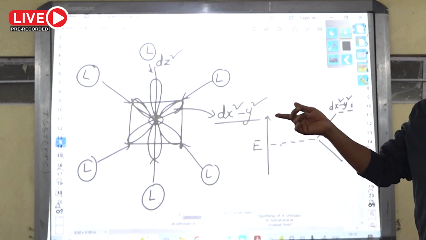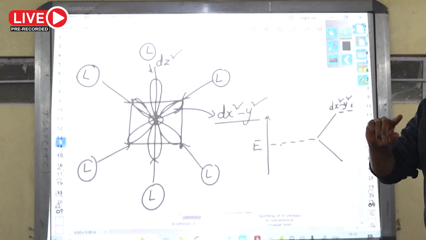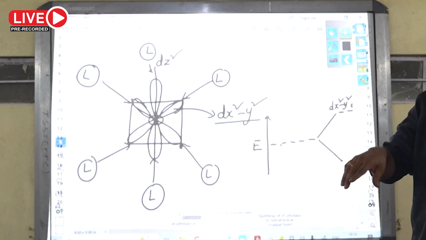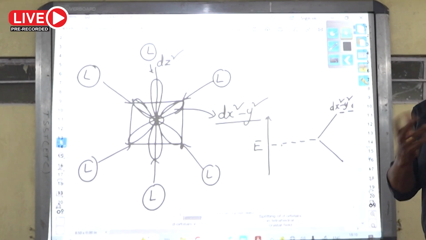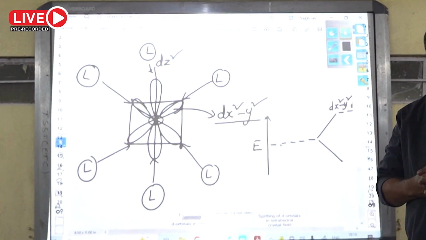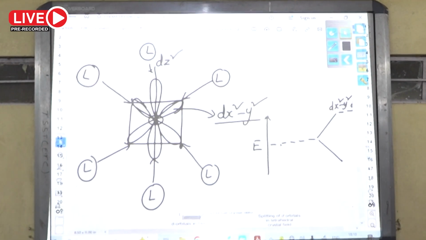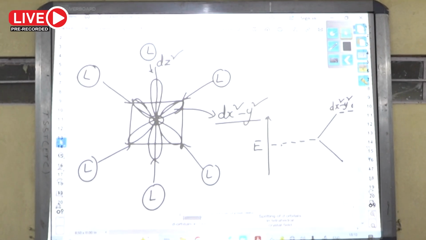So 2/3 of delta naught in terms of number, 2/3 of delta naught in terms of direction. So the total is 2/3 of 2/3, 4/9 of delta naught. That is the relation between delta T and delta naught. So delta T is equal to 4/9 of delta naught.